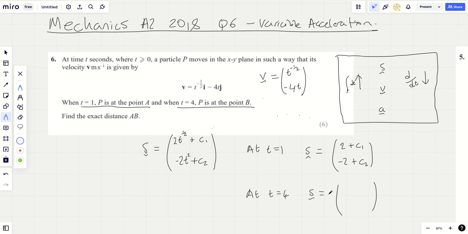Well, we're at the point B, and so we're going to do 4 square rooted is 2 times 2 is 4 plus c1, and then 4 squared is 16 times 2 is minus 32 plus c2. Okay, we've got to find the exact distance AB.